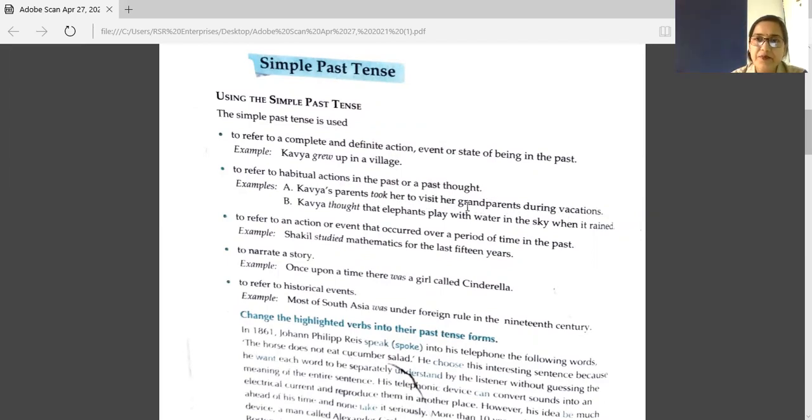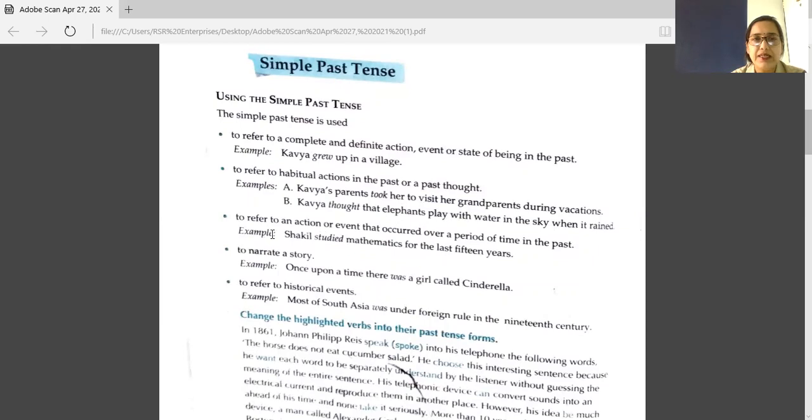Past time vacation, they used to go to grandparents. So here we have took. Second form of take. Kavya thought that elephants play with water in the sky when it rained. So it's a past thought. She thought at some past time. So here we have second form of think, that is thought.